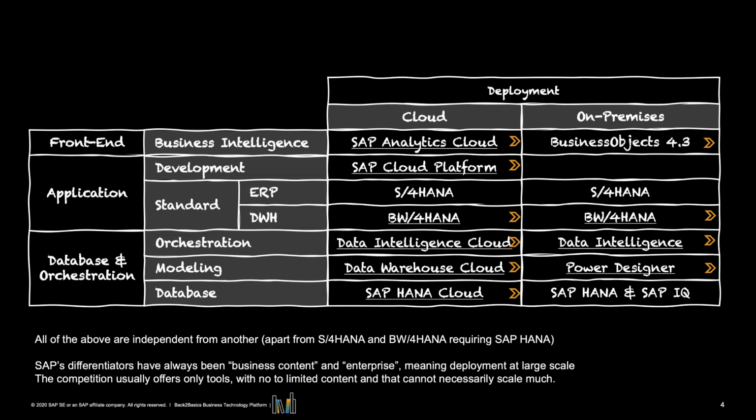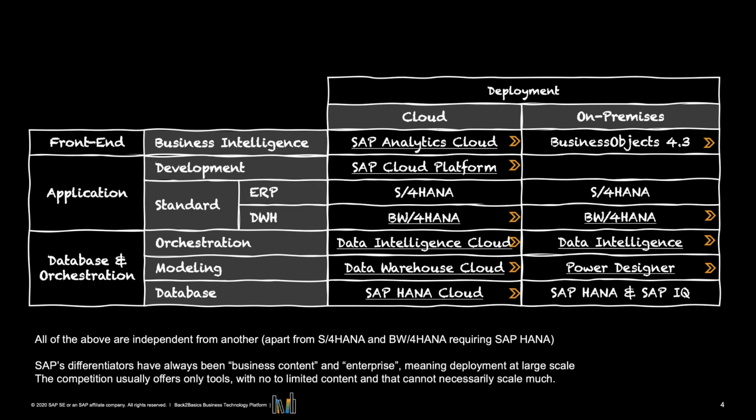Now, when we look at the application layer, the standard application for ERP is S/4HANA, whether you deploy it in the cloud or on premises. If we talk data warehouse, the typical standard application at SAP is BW4HANA. Again, cloud or on-premises deployment is possible. If I want to develop my own application, whether it's closely related to ERP or BW4 or not, that would probably be SAP Cloud Platform.